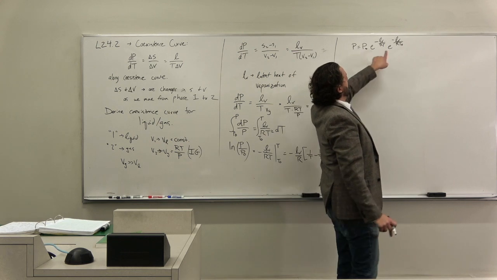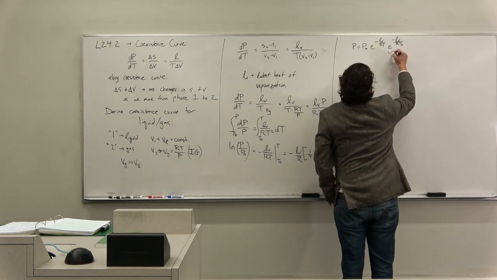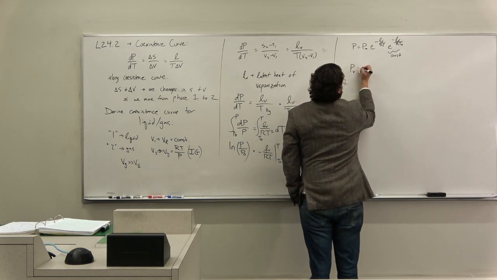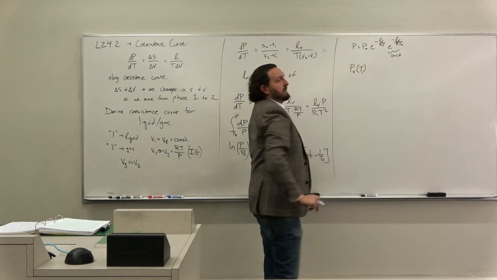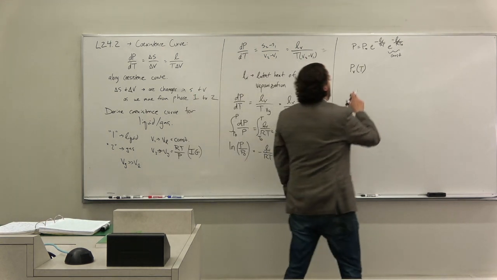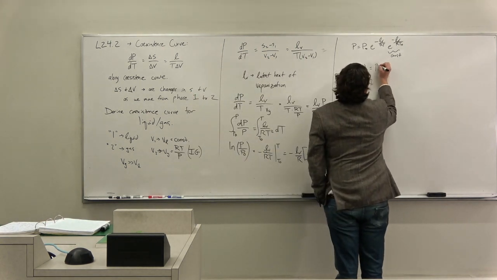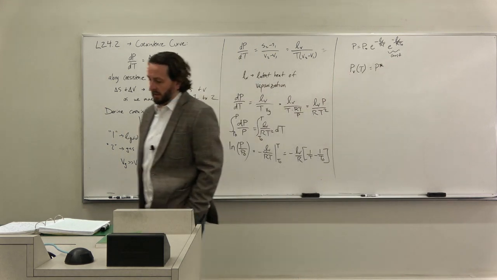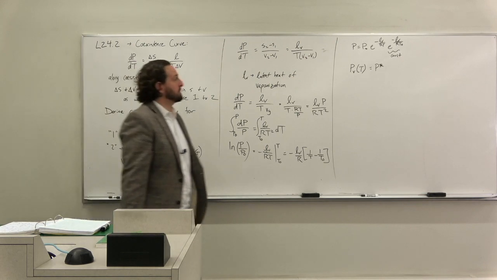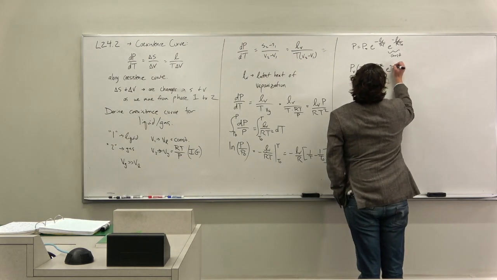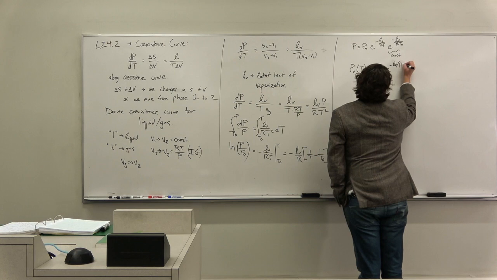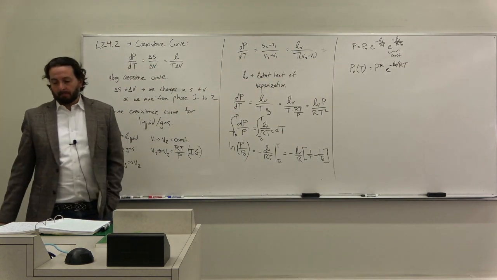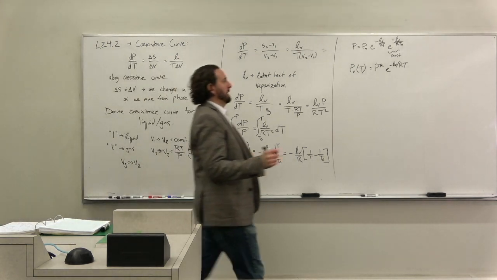But you can see this is simply a constant again, right? So we can just say that along the coexistence curve, the vapor pressure of the gas is some constant, I think I called it P star, times e to the minus LV over RT. So P star is just some constant, right?